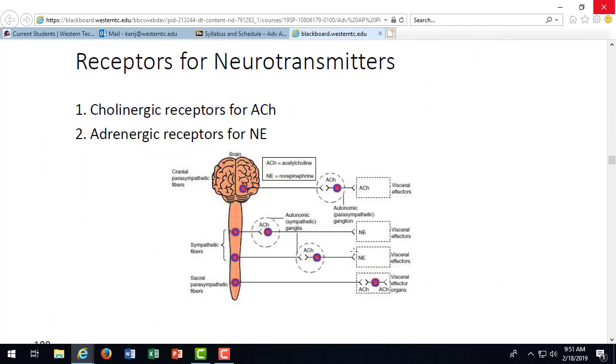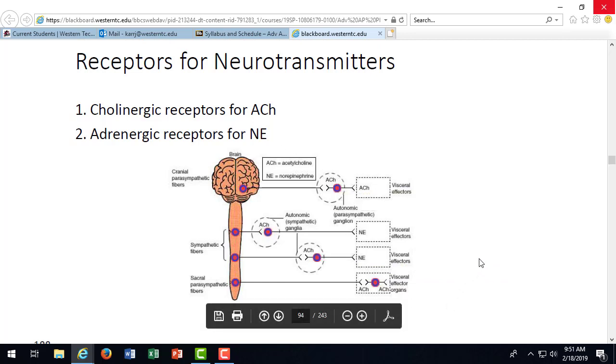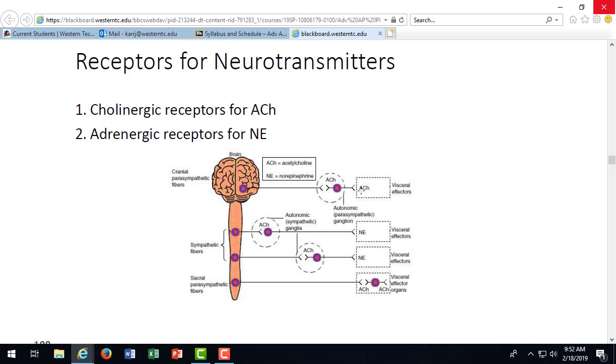So we have receptors on organs for either acetylcholine or norepinephrine, depending on what the response is. If we look at, for example, a parasympathetic neuron going to organs, there are receptors for acetylcholine, and what's it going to do to that organ? What effects will we get if that organ binds acetylcholine?